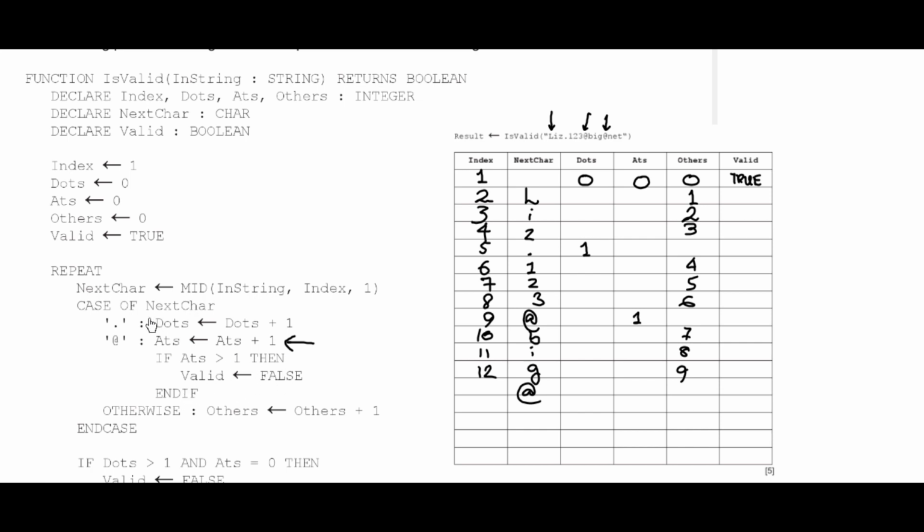Then end it. So we get out of case. Valid is false. No, this condition is still not met. At is greater than 0, but dots is still less than 1, so it's not evaluated. So index is going to be still incremented. But now our valid is false. It's no longer true. Valid over here is false.